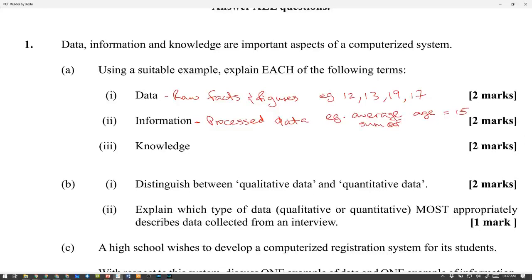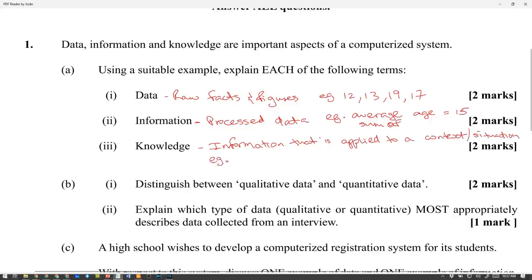And if you ever think of Excel, when you get data inside a spreadsheet, you usually process it by using a function or formula.